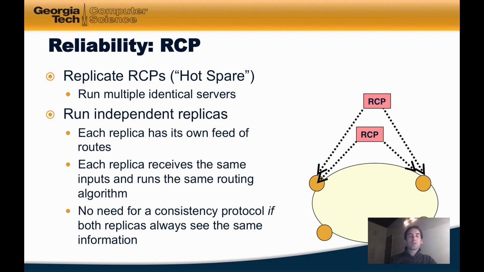The idea here is that the network would run independent replicas of the RCP, whereby each replica has its own feed of the routes from all the routers in the autonomous system.